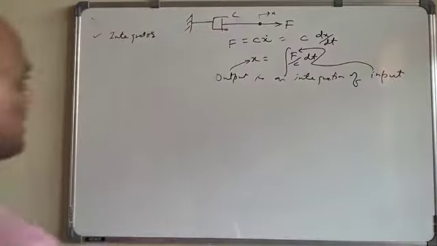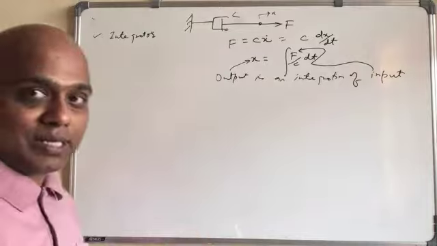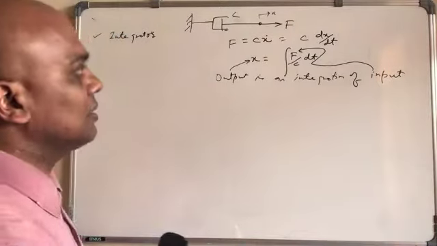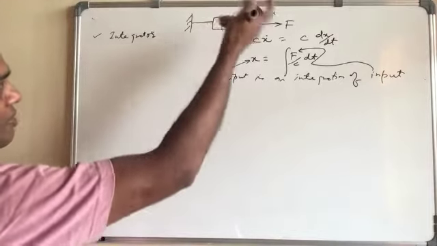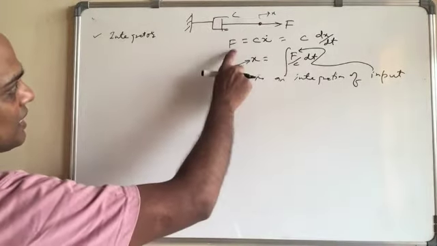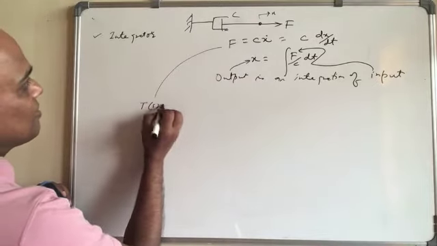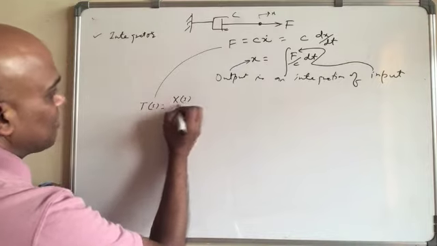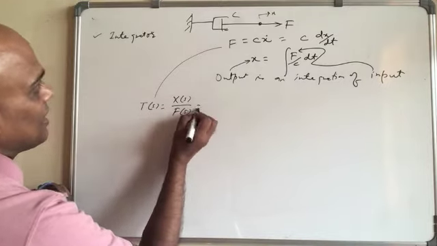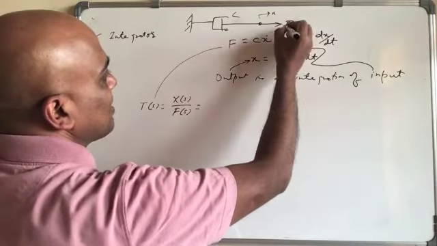Okay. Can we make the equivalent op-amp circuit for this one? Yeah. And how to do it? Remember, for this one, T(s) will be equal to X(s) divided by F(s), and F, if you take the force, you can write as F(t) also.